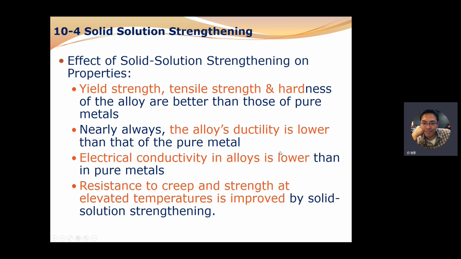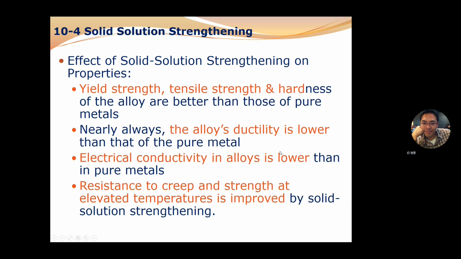So the effect of solid solution strengthening on properties: the yield stress, tensile stress, and hardness of the alloy are better than those of pure metals. The solid solution strength is always higher than those of the pure metals.